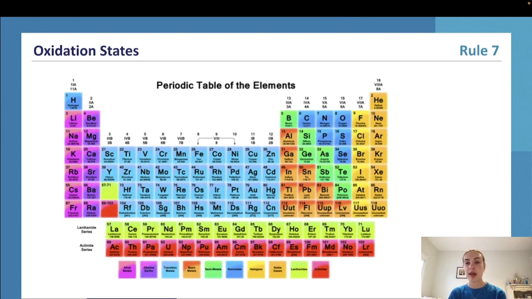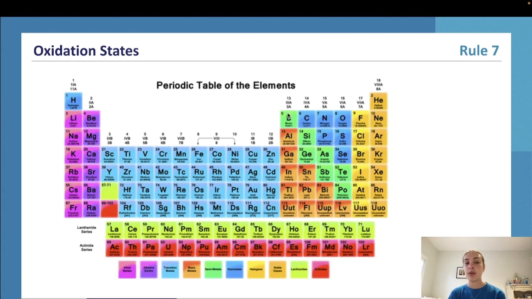So if we're to just look at this here, just to get an understanding with rule 7, we can see that we've got our group 17, they're going to be the 1 minus charge. Then there's going to be our 2 minus charge here, or -2 charge in group 16. Group 15 is going to be a -3 charge. This group here is quite variable, same with this one here, but typically this can be +4 or -4, but that will vary quite a bit.